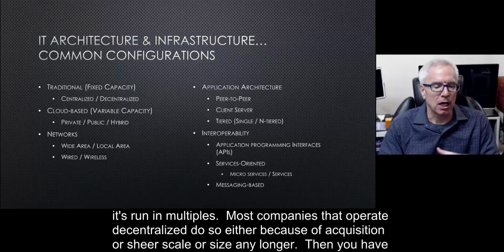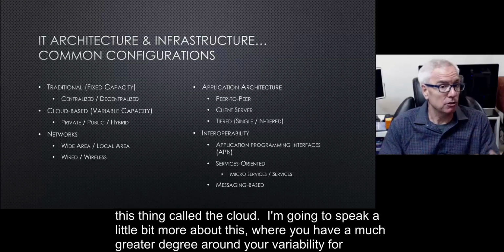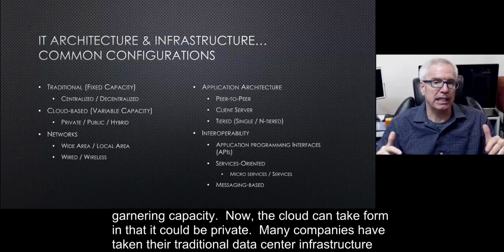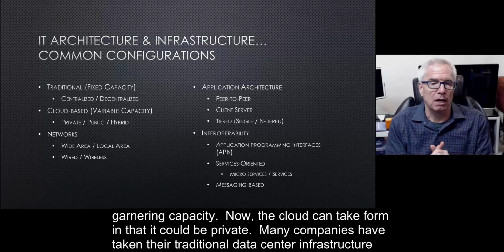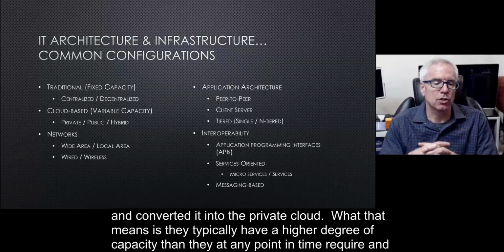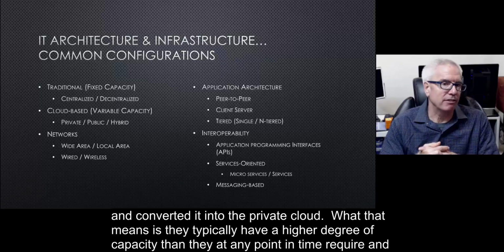Any longer. Then you have this thing called the cloud. I'm going to speak a little bit more about this, where you have a much greater degree of variability for garnering capacity. Now, the cloud can take form in that it could be private. Many companies have taken their traditional data center infrastructure and converted it into the private cloud.